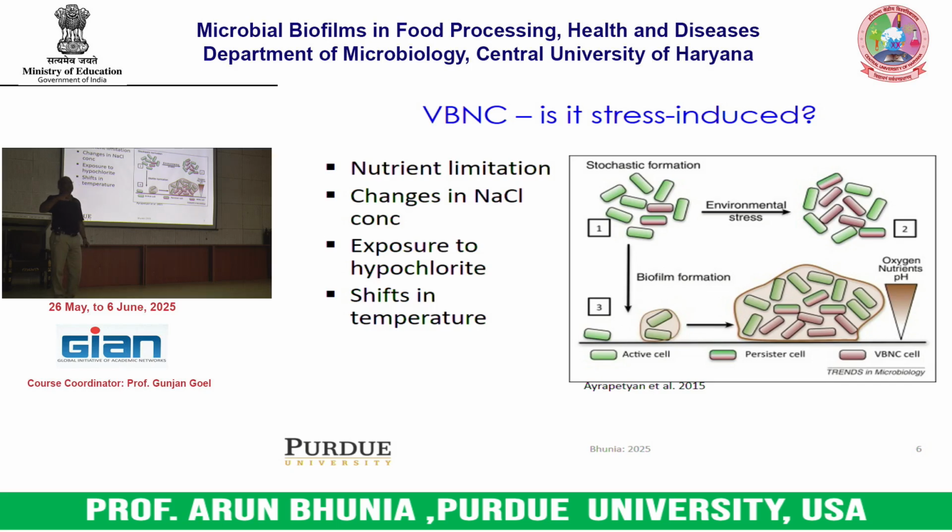Now let's look at it. Where did this persister terminology and persister phenomenon come from? So the VBNC states, like in this plot, if you look at the bacterial cells, if there is environmental stress, and these organisms are part of this stressful community, then when they are under stress, some population can start forming biofilm.